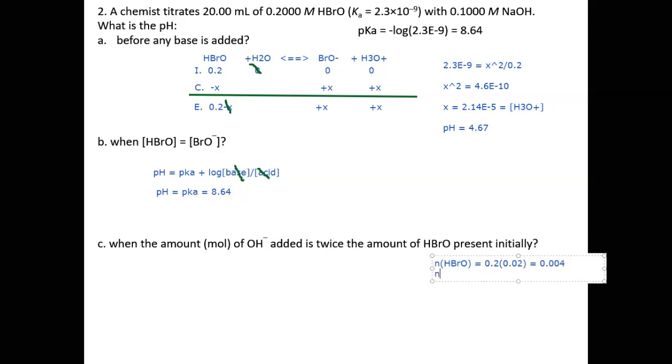Moles of hydroxide are going to be double this. It's going to be 0.08. So what's the volume of hydroxide needed for this?